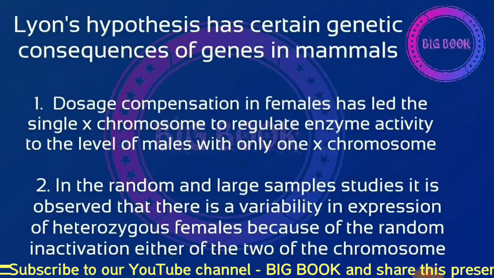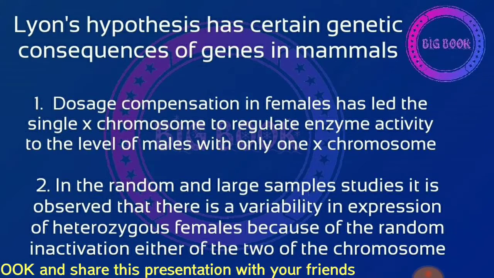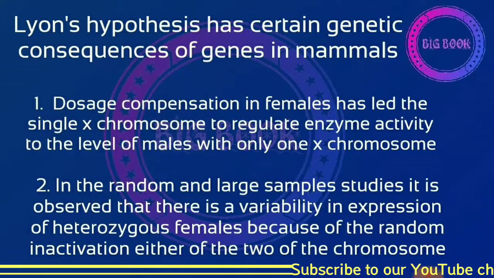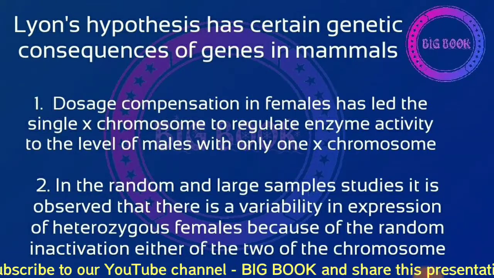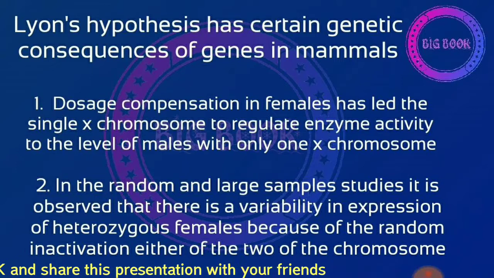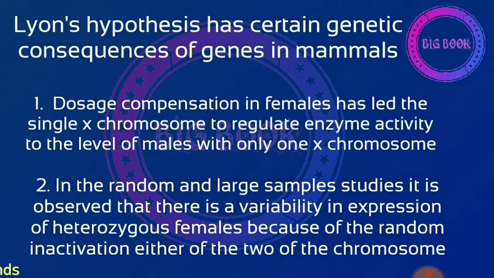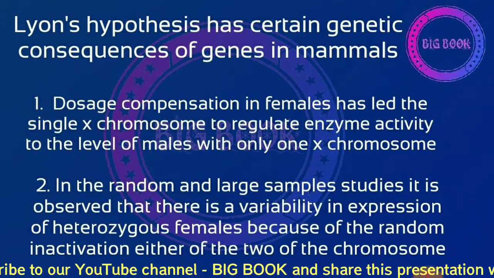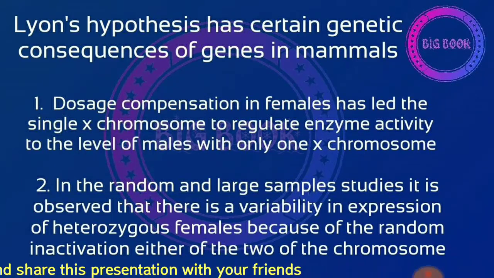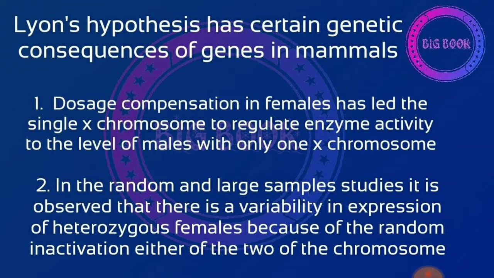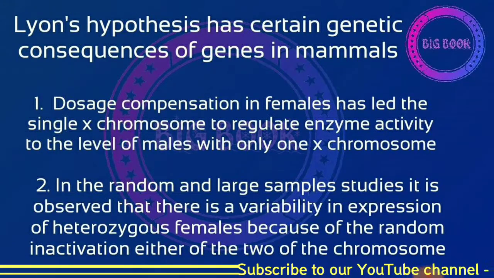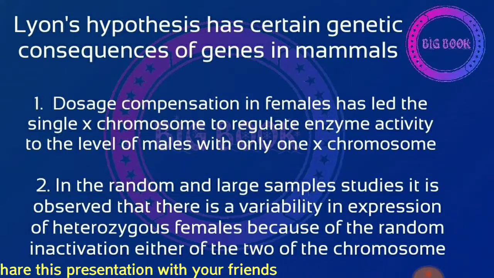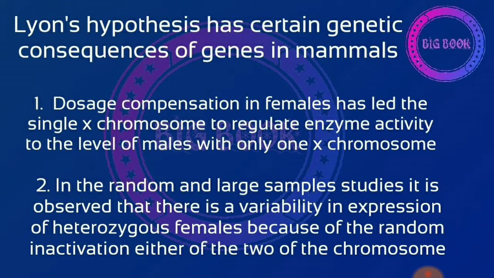For example, in a female there will be two X chromosomes inherited from two different parents, where both X chromosomes will have different genes, with different combinations in the form of alleles. Because one X chromosome is inactivated, the other is going to express.